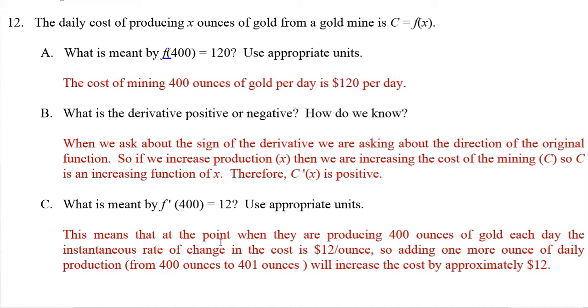So when they are producing 400 ounces of gold each day, at that point, the instantaneous rate of change in the cost is $12 per ounce. So one of the things that would mean is adding one more ounce of daily production, going from 400 to 401 ounces each day, will increase the cost by approximately $12.